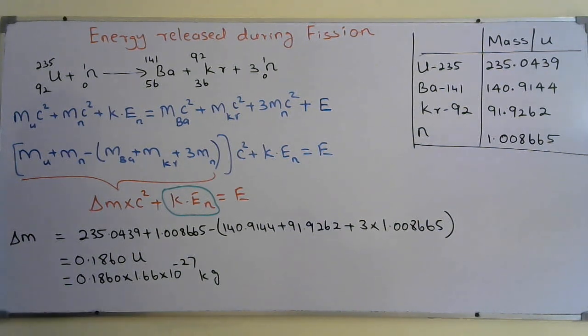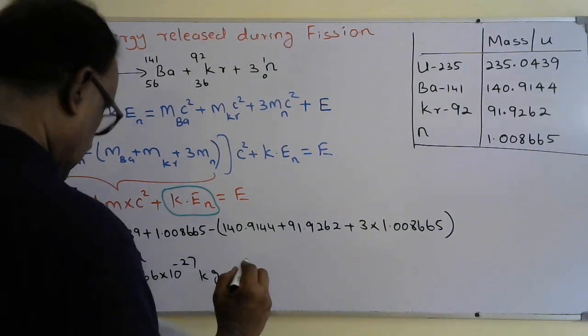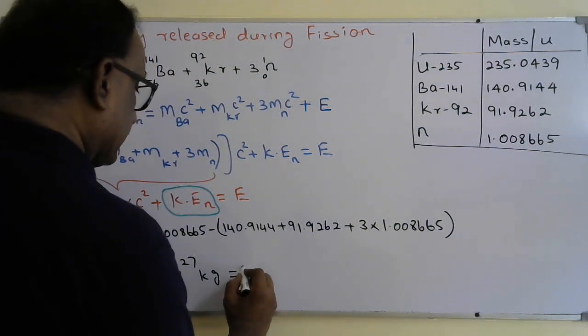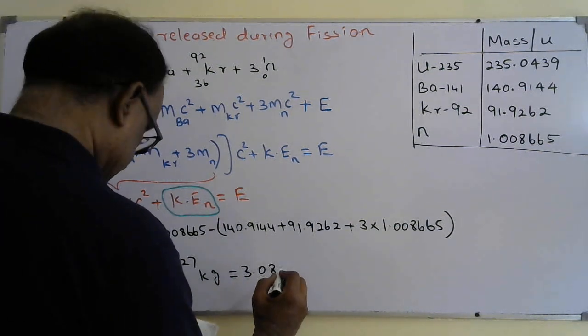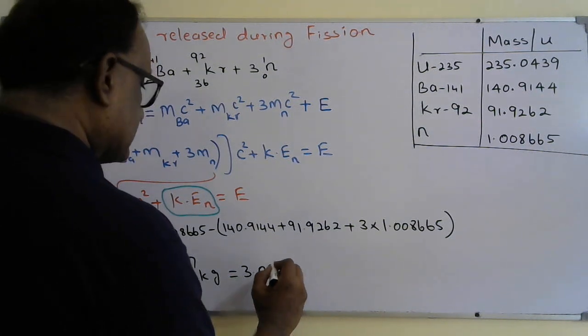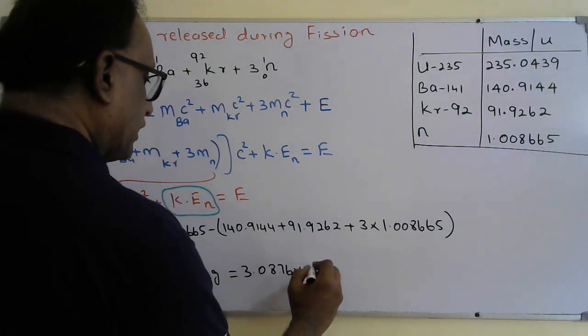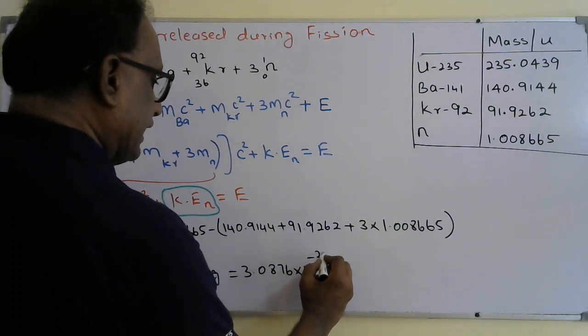Now find the equivalent energy, that is delta M times c squared. That equals 3.0876 times 10 to the power minus 28 kilograms.